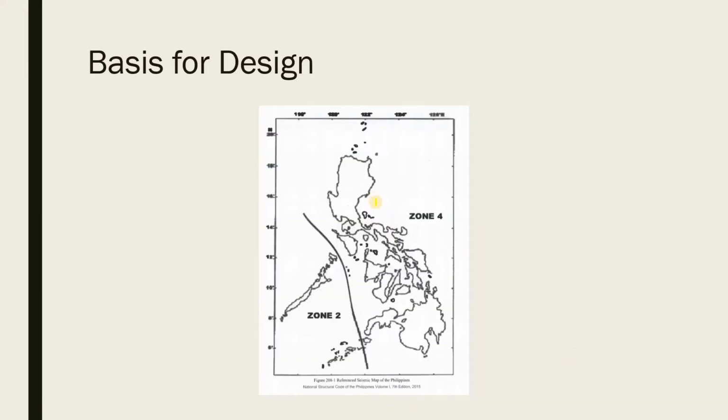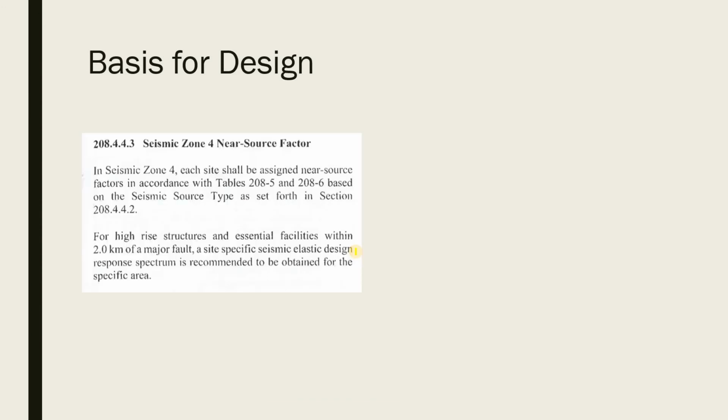Okay, so ito yung mapa ng Philippines na nahahati sa dalawang zone. We have the zone 4 and the zone 2. Okay, but this portion, sa pagkakaalam ko ay malilipat na yan sa zone 4 sa susunod na edition. Okay, so next, we have the seismic zone 4 near source factor.